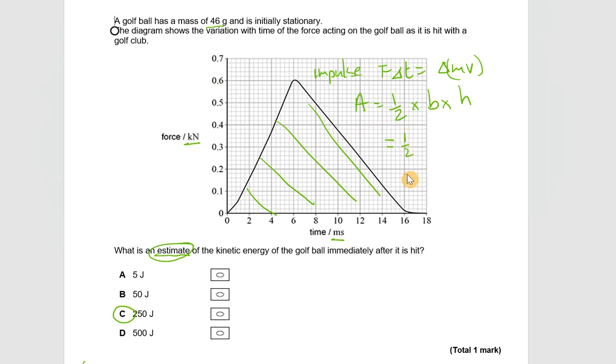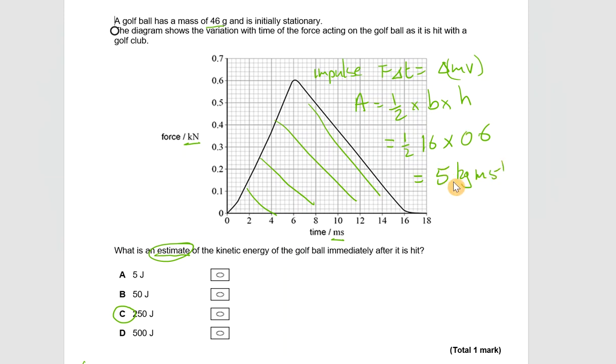So a half times, well, the base is 16, the height is 0.6, so I've got an area equal to 5, and the units of momentum are kilogram meters per second.